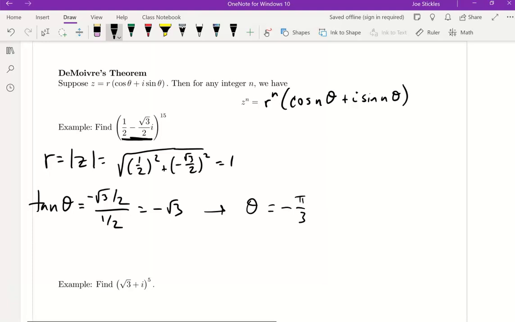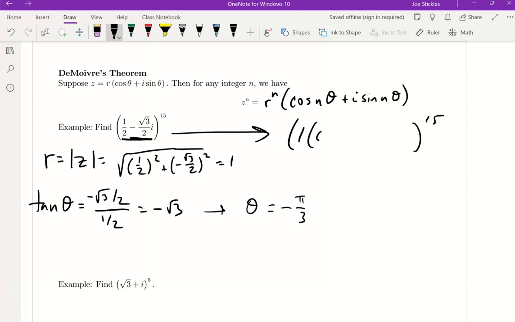All right, so now I want to put this into polar form. What's the r? What's the modulus? 1. So I didn't really need to write it, but I will. 1.